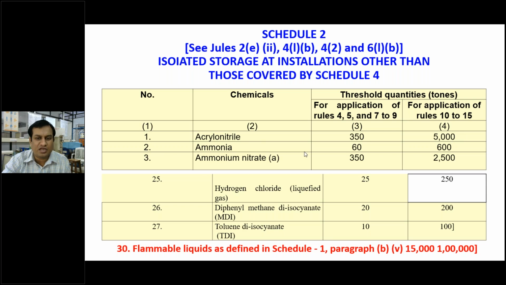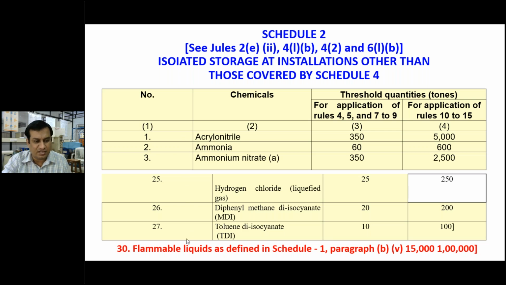So for ammonia, 60 tons is the threshold quantity for rules 4, 5, 7, 8, 9. If the application is different, related to rules 10 to 15, then the threshold quantity is 600 tons. So depending on your requirement, the application, the industrial activity, the rule is applicable, and with reference to that rule, the threshold quantity varies.